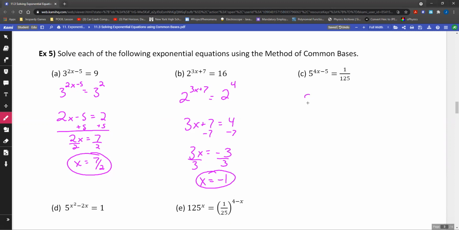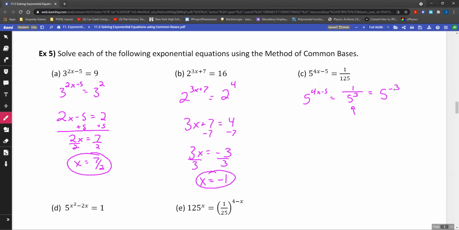Over here. So this one's going to be a little bit trickier. So rewriting 125 as some power of 5, I'm going to write it first like this. So 125 is just 5 cubed. Because the 5 cubed is in the denominator on the right side, but not on the left, I need to actually use the negative power rule, bring it back in the numerator, and flip the sign.